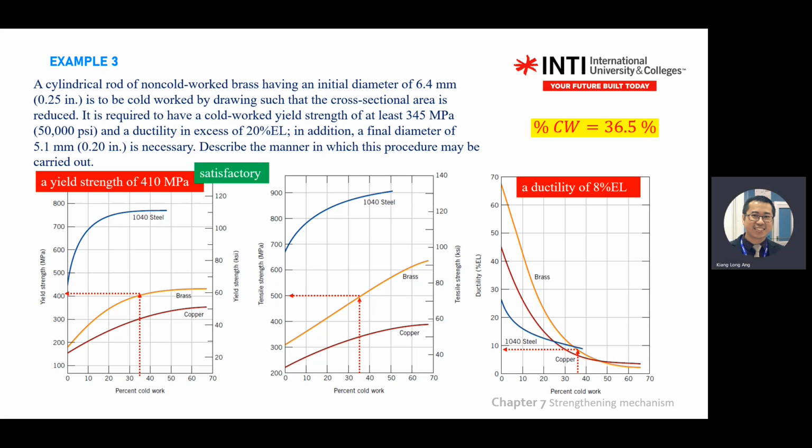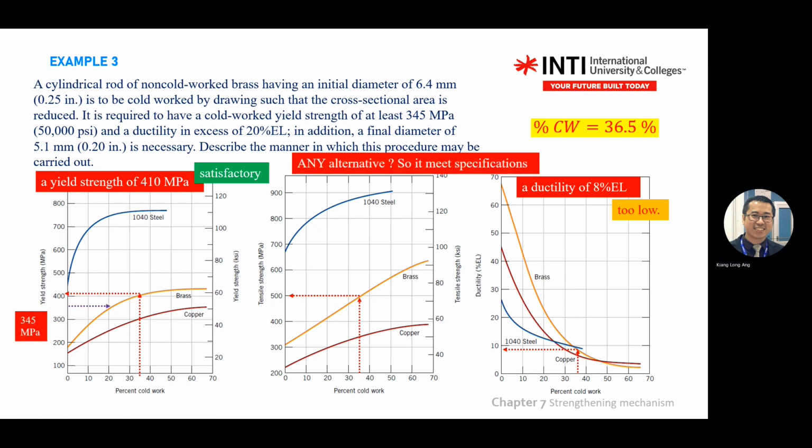All right. So here, yield strength certified pass, but the ductility fails. So alternative, in this case, I go in 345. I can move from here or here, same. On the slide here, I move from the left, I move down about 22, 21%, because this graph is very small.